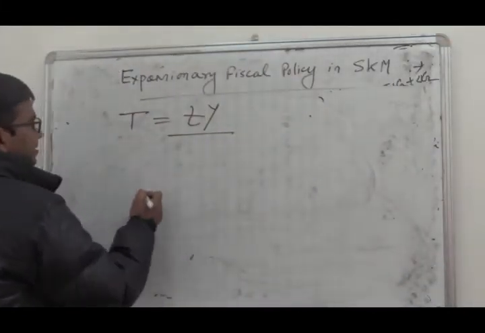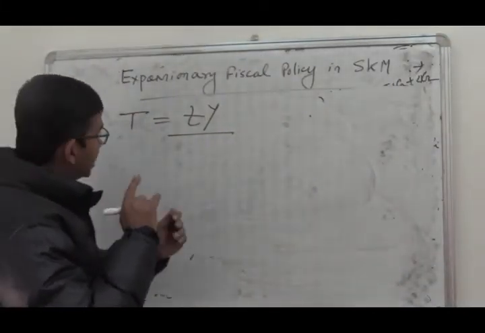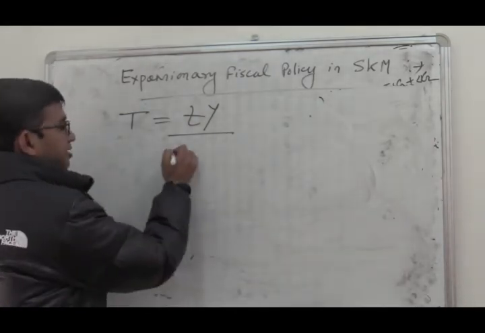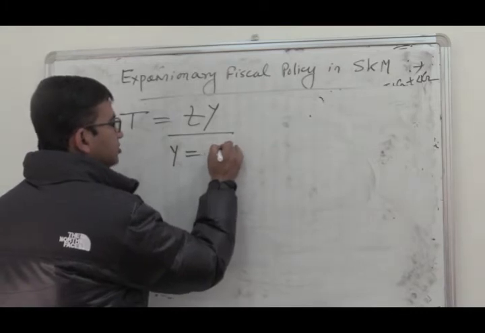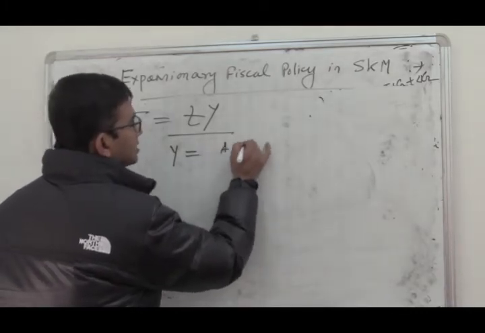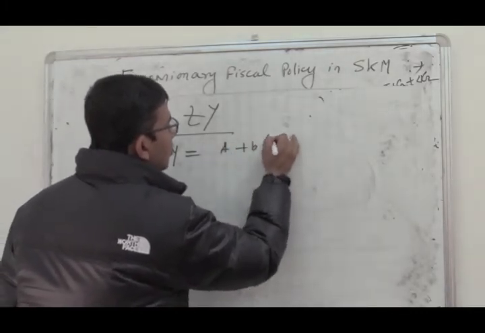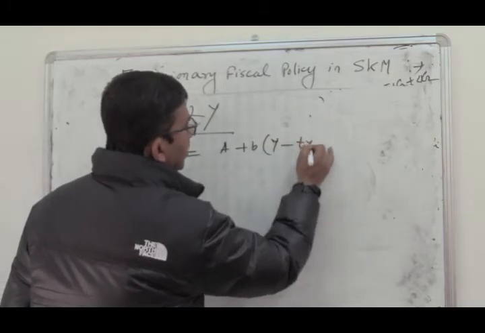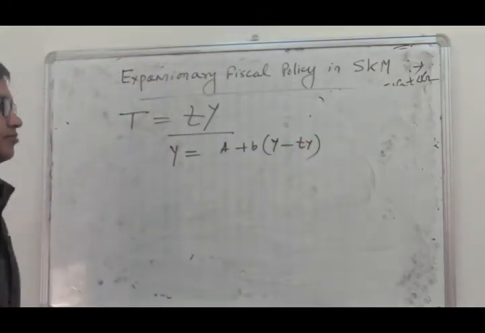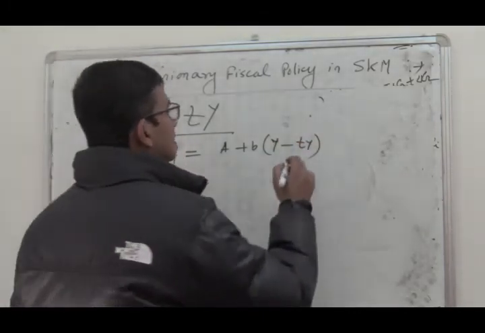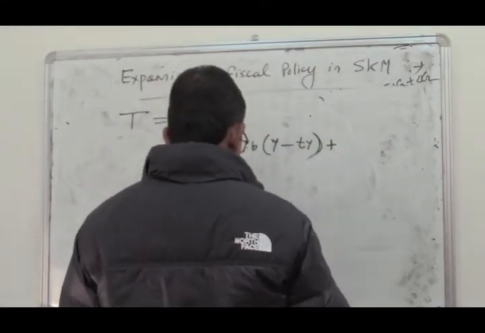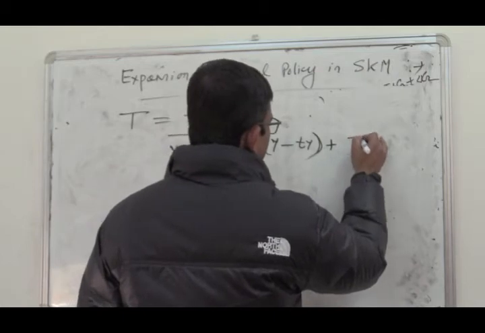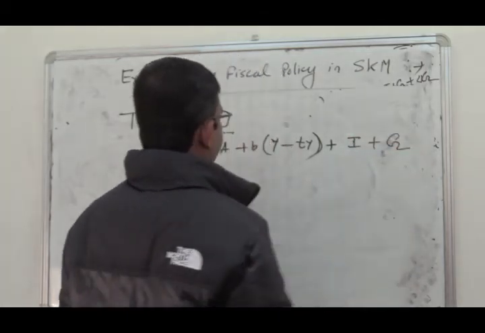In this case, there will be a minor change in the consumption function. So we can write the national income identity as Y equals A plus B into (Y minus tY) plus I bar plus G.